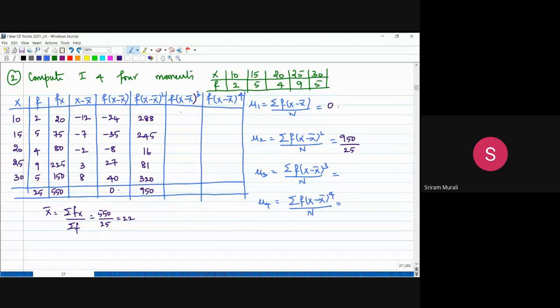So 144 into 12 into 2, minus 3456. This is minus 1715. It is minus 32. It is 243. This is minus 2400. Sorry, plus. I'm sorry, I made a mistake. This is 243. This is 2560. If I add this, I will get 2400. So this is 2400 divided by 25.